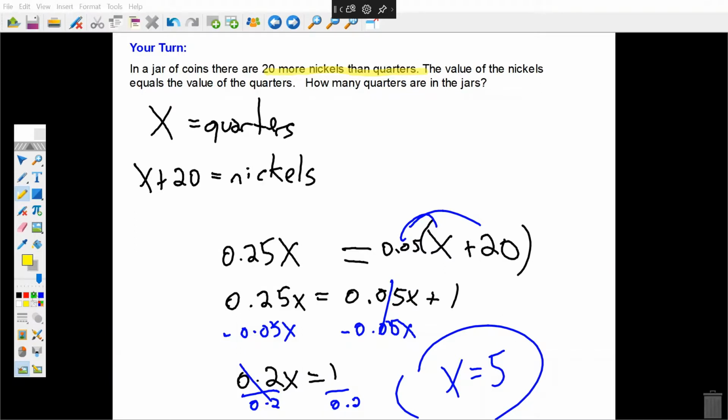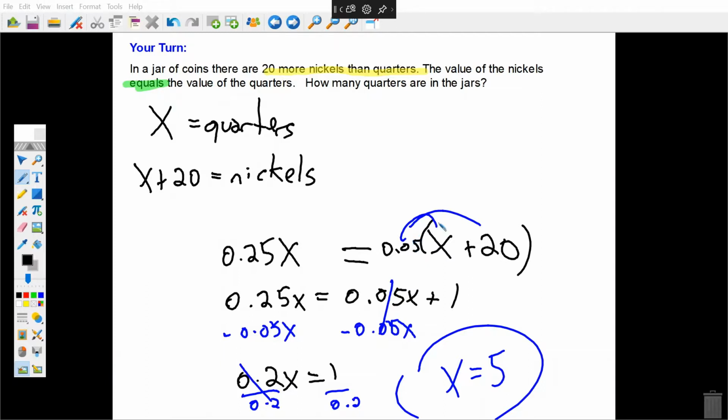Now the question tells us that the value of the nickels equals the value of the quarters. So I had X on one side and X plus 20 on the other side. And then I have to add the value of the coins. A quarter is 0.25 and a nickel is 0.05.